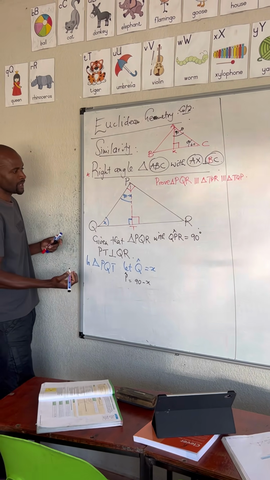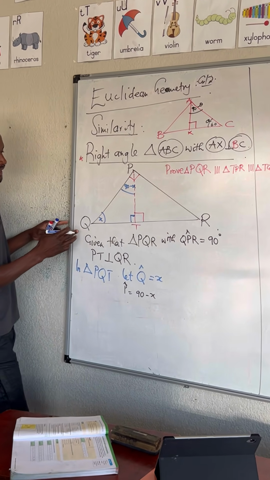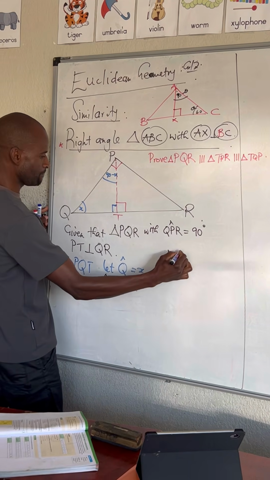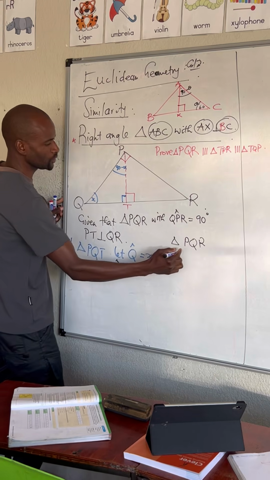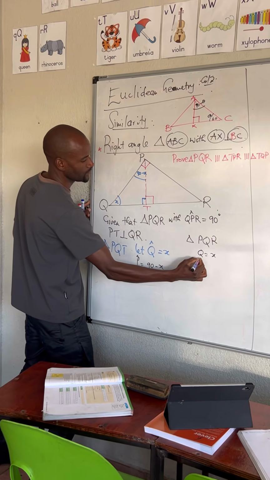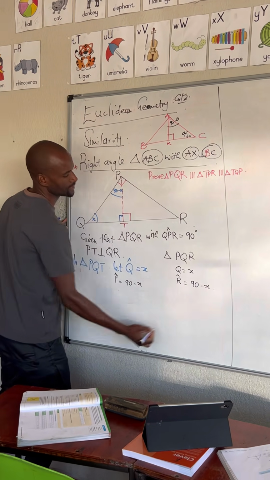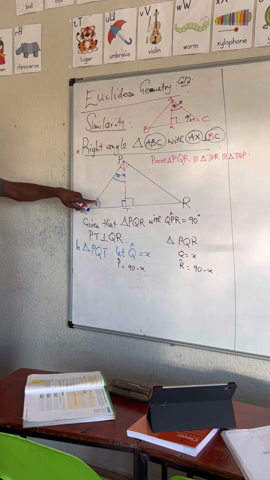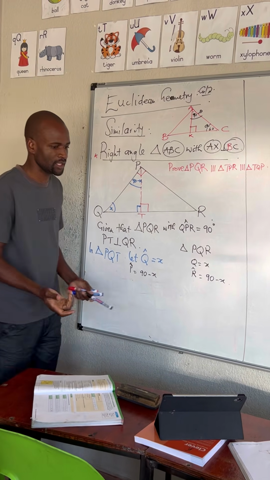And also, we automatically know, if we go to triangle PQR, if our Q is equal to x, it means that also R is going to be equal to 90 minus x. Why? Because this angle here is 90. So if we have the x here, it means that this one becomes 90 minus x. This question is easily done.